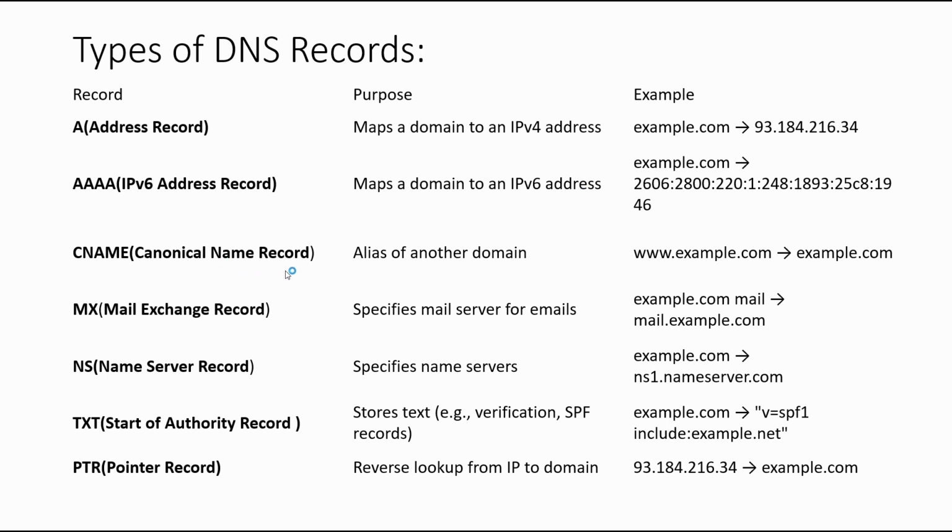Canonical name record is used when the domain name is given in some other form, so that the canonical name maps the other domain name to a particular domain name. And there are other DNS records such as mail exchange record, name server record, TXT record, PTR record, etc.